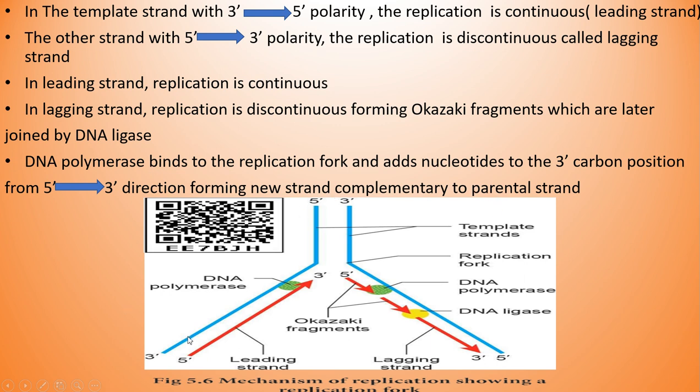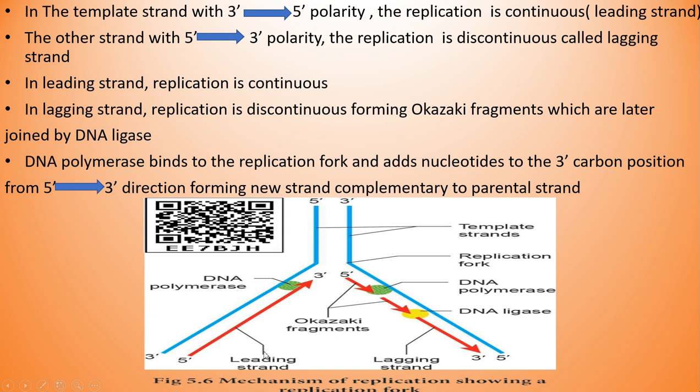You can see the replication occurs from 5' to 3' direction, forming the new strand which is complementary to the parental strand. The blue color is the template or parental strand. The red color is the daughter strand.